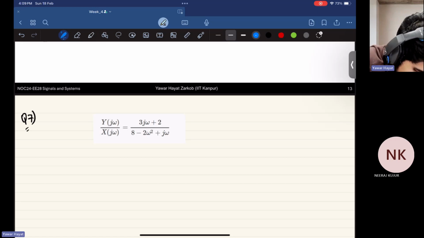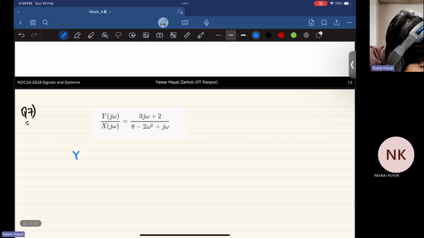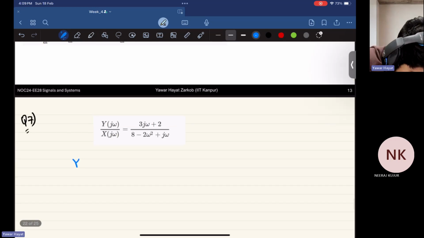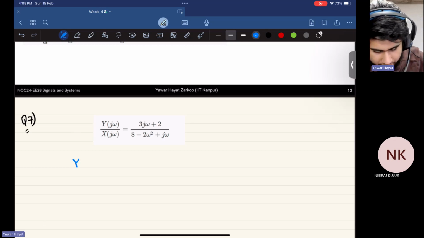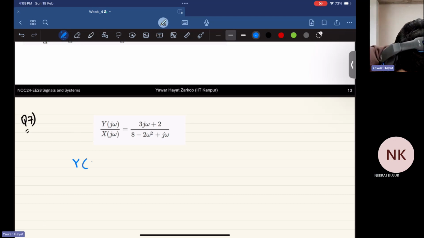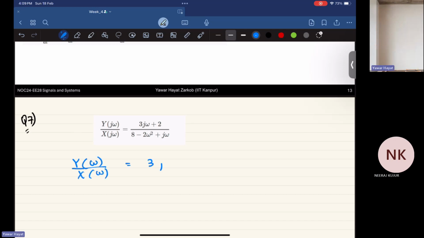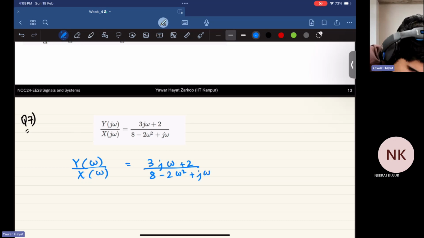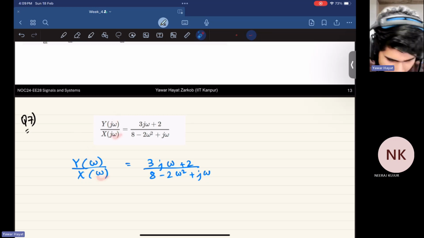So what should be y of, let me first multiply this. I use y of omega as notation for this y of j omega, and likewise for x of j omega, right? So I'll write this in terms of my notation first. 3j omega plus 2 over 8 minus 2 omega square plus j omega. Again, this and this are same, just a matter of notation.